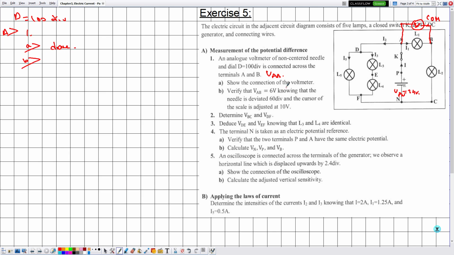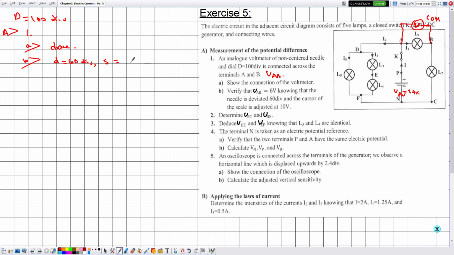Now in part B, they are telling me verify that UAB is equal to 6 volts, knowing that the needle deviates, D is equal to 60 divisions.